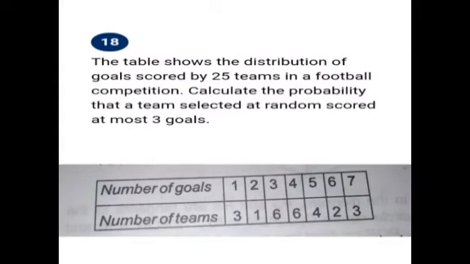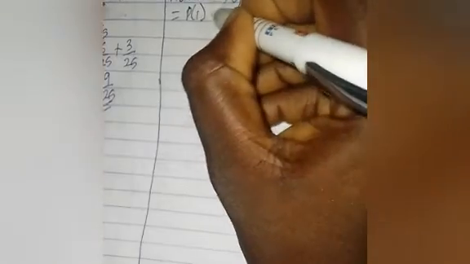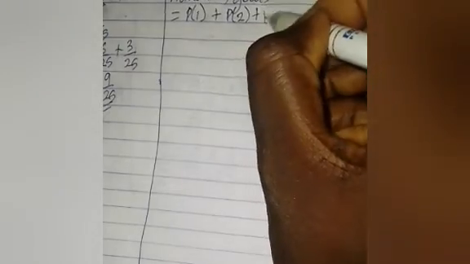Number 18. The table shows the distribution of goals scored by 25 teams in a football competition. Calculate the probability that a team selected at random scored at most 3 goals. So the probability that the team scored at most 3 goals is the probability that they scored 1 goal plus the probability that they scored 2 goals and the probability that they scored 3 goals.